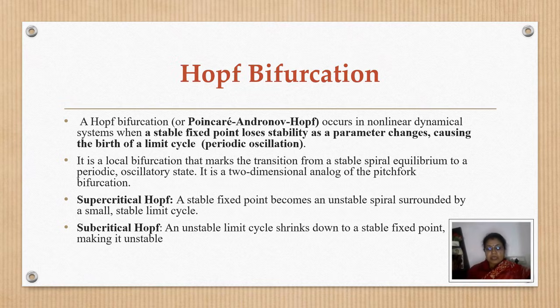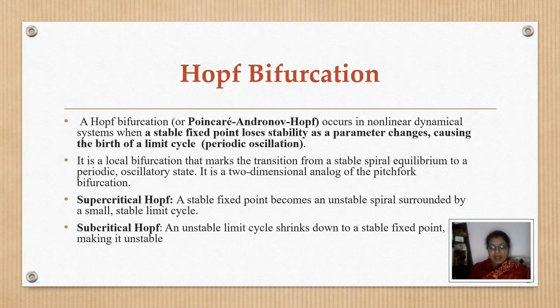It occurs in nonlinear dynamical systems where a fixed point will lose stability, and as the parameter changes, it will result in the birth of a limit cycle. So what is a limit cycle? A periodic oscillation will tend to start.